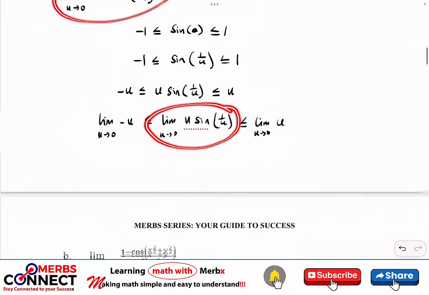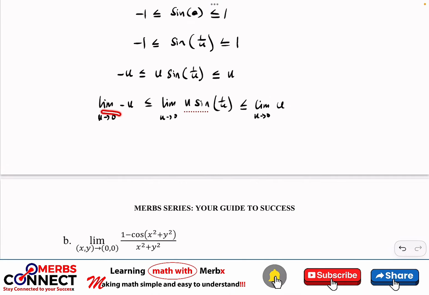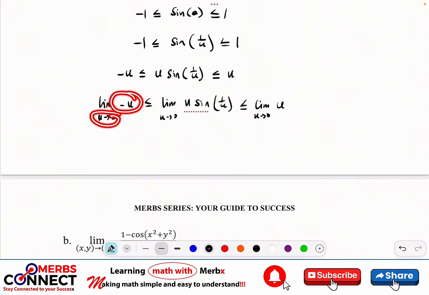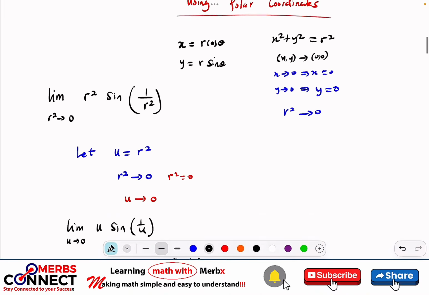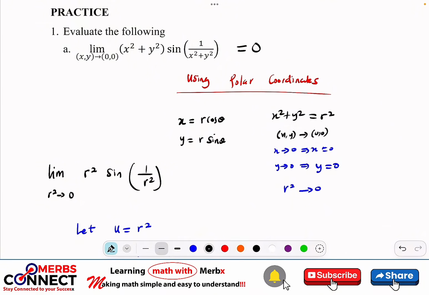So now we can apply the squeeze theorem. As u approaches 0, when I plug in 0, I'm going to have 0 less than or equal to the limit as u approaches 0 of u sine of 1 over u less than or equal to 0. So left and right are the same. So we are going to say that the limit as u approaches 0 of u sine of 1 over u is equal to 0, and this implies that the original limit is equal to 0.